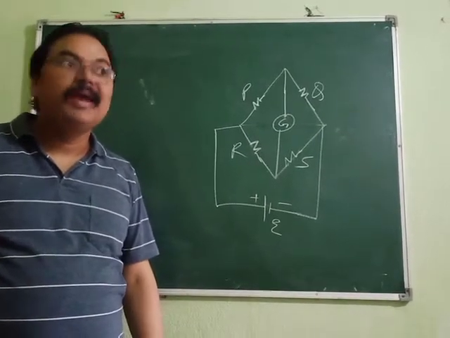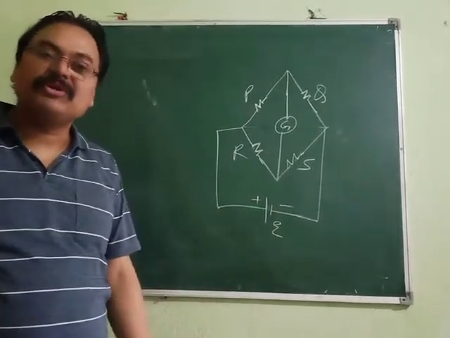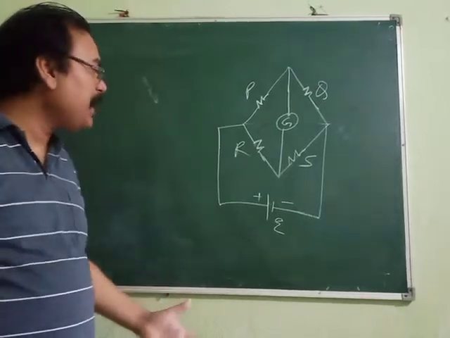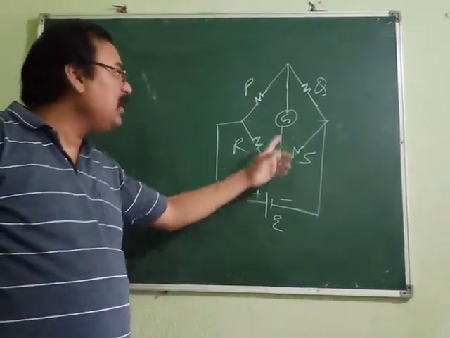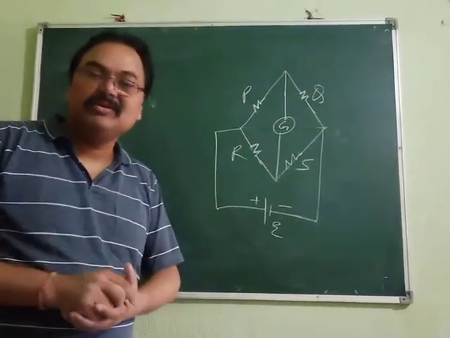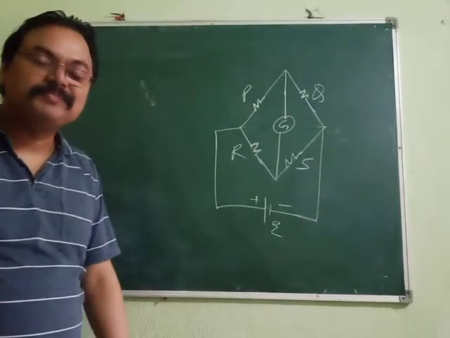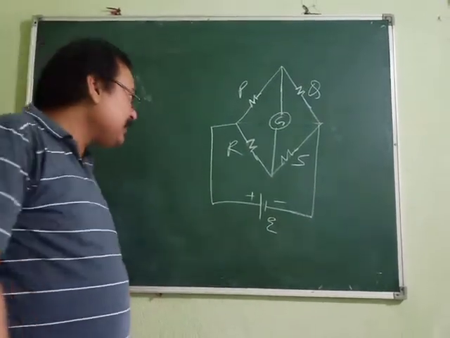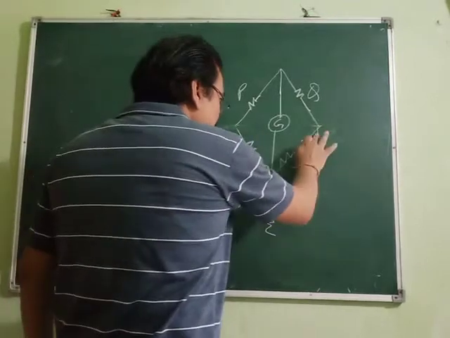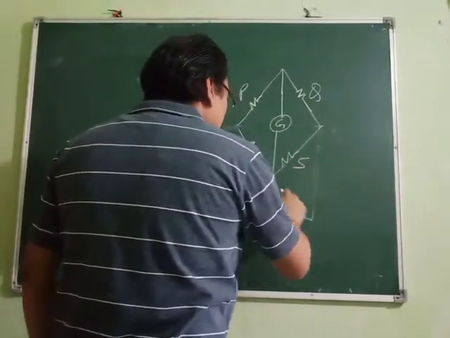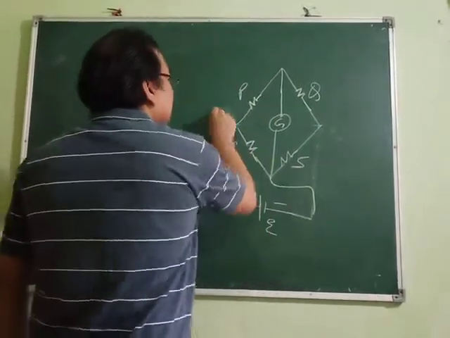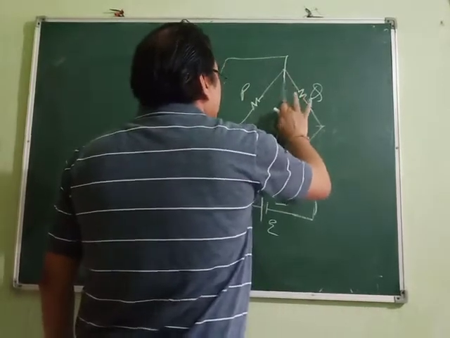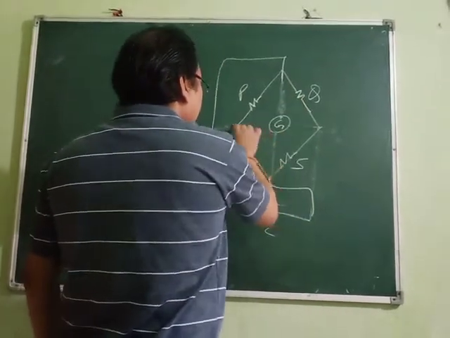In the case of the meter bridge also they ask this question. If the positions of the cell and the galvanometer are exchanged, then what will happen? So the answer is that, if you exchange the position of the battery, you are not going to connect here, you are going to connect it here like this, and the galvanometer you are not connecting here, you are going to connect it like this.